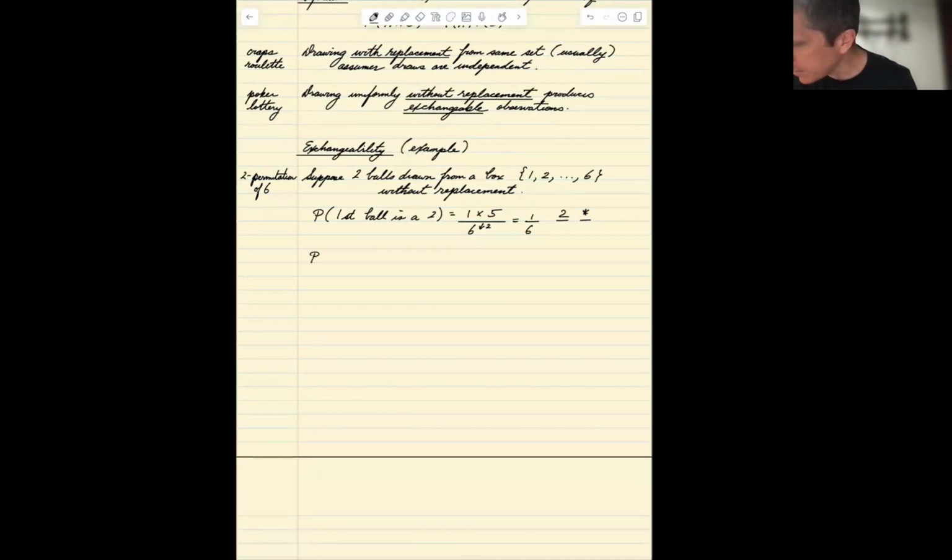What's the probability the second ball is a 2, and we ignore the first ball? Well, the second ball has to be a 2, and the first ball can be anything, but it's the same calculation: 1/6.